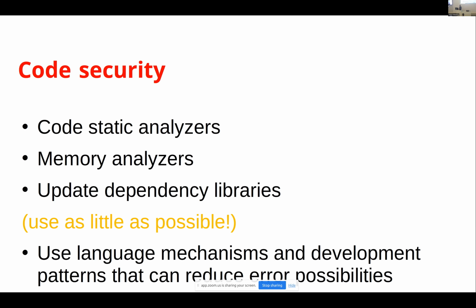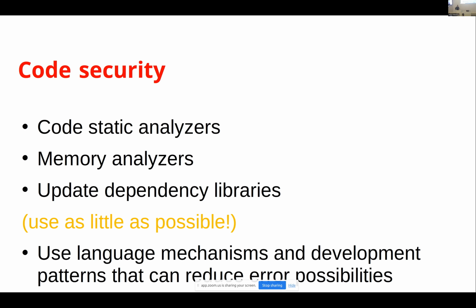The next point is valid for any language: update your dependencies, update dependency libraries. We try to use as few dependencies as possible, because the more dependencies you have, the more potential problems you have. On the other side, the less you have to develop yourself.